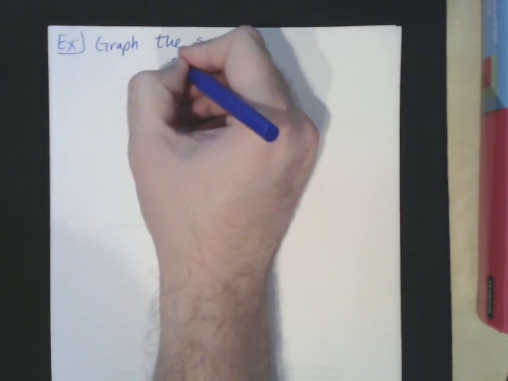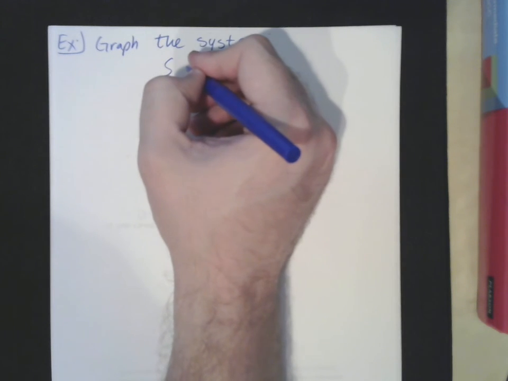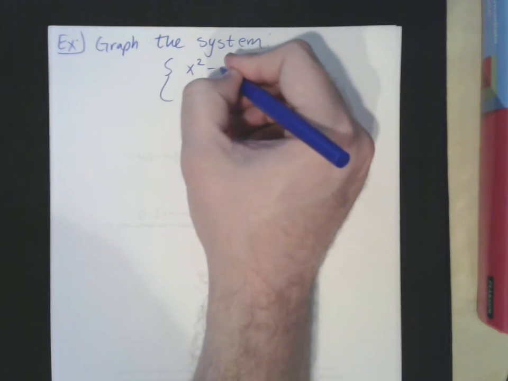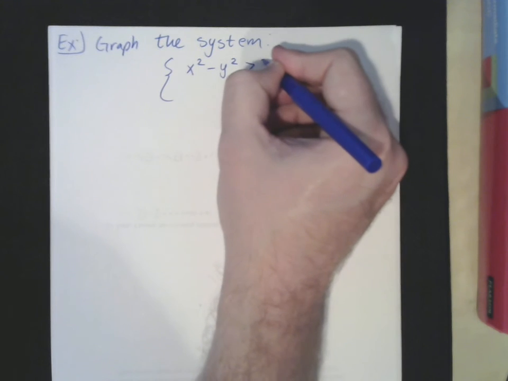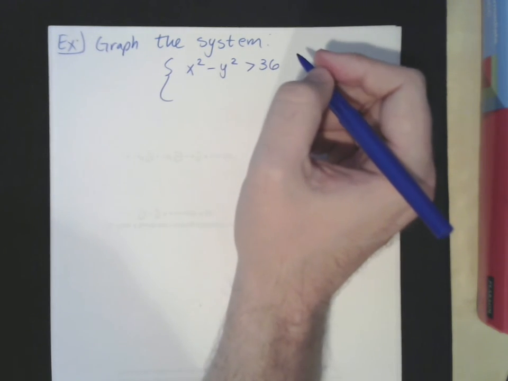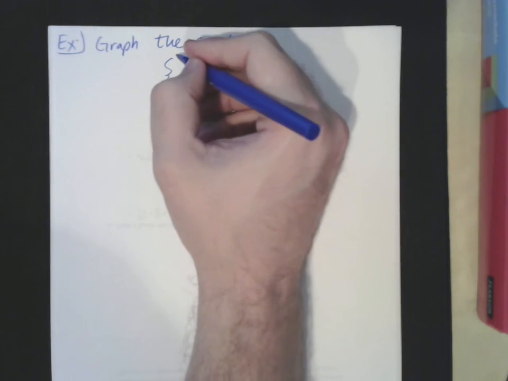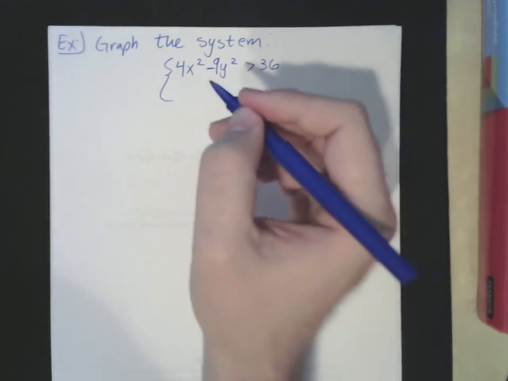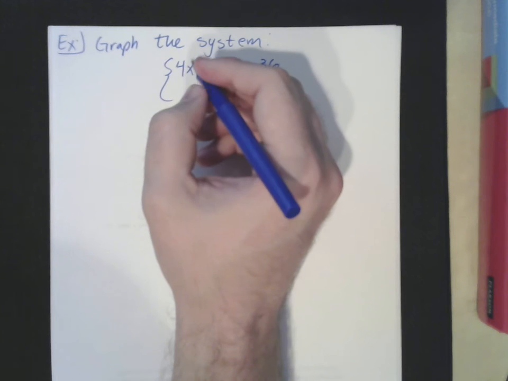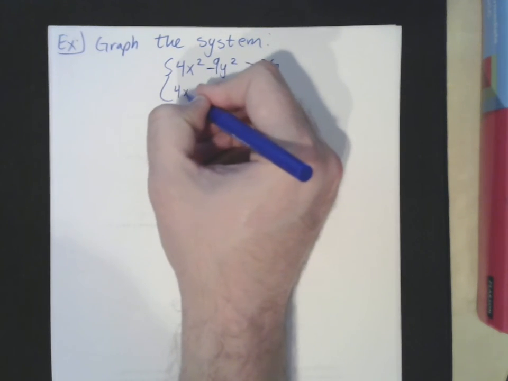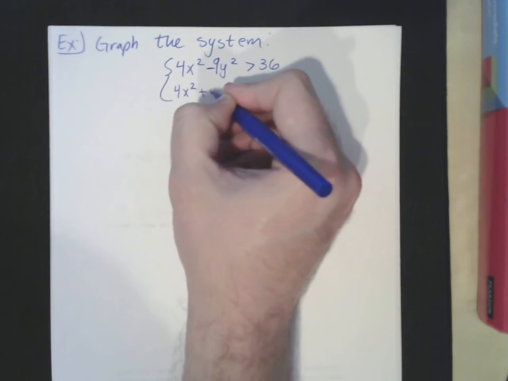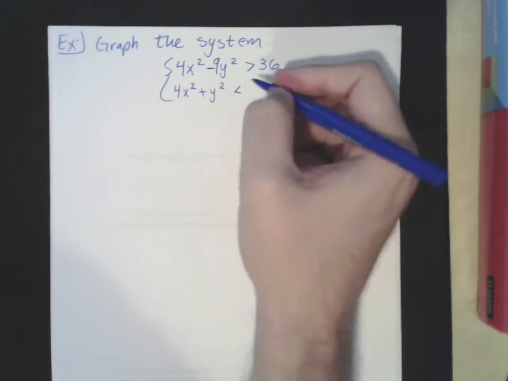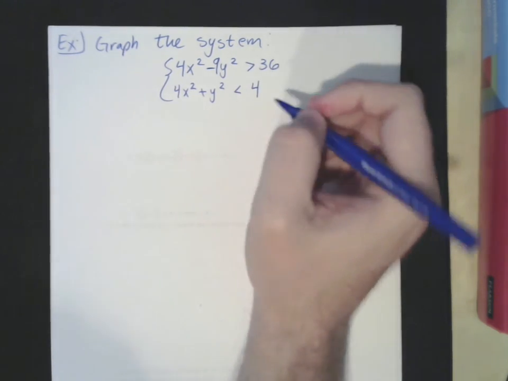Our system will be x squared minus y squared is greater than 36. This should actually be 4x squared minus 9y squared is greater than 36, and 4x squared plus y squared is less than 4.